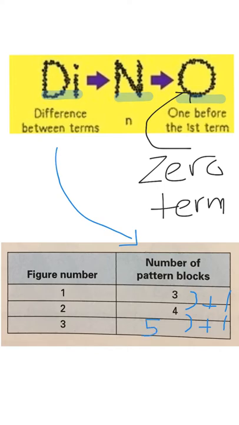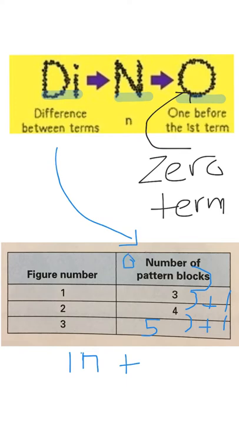So that's my table, but now I need to figure out the algebraic expression. So first I put what was my difference between the terms, that was 1. Then I write down the n right next to it. And then we have to add in the zero term. To add in the zero term, we go backwards. So instead of adding 1, I'm now going to work backwards to find my zero term.